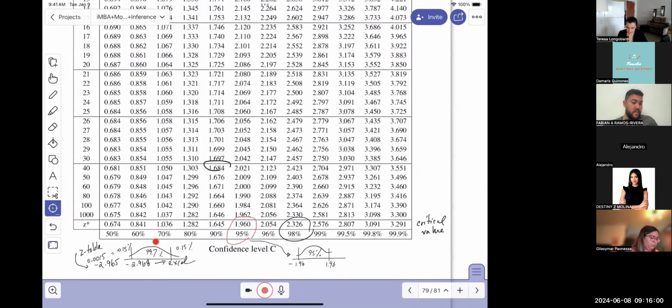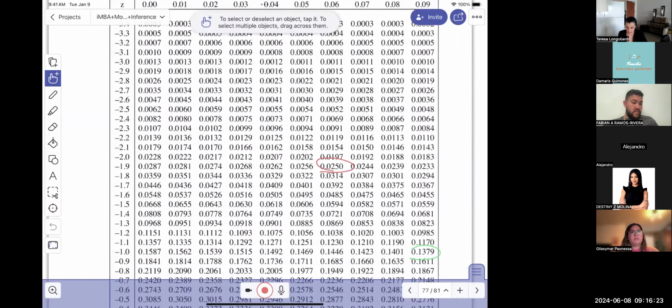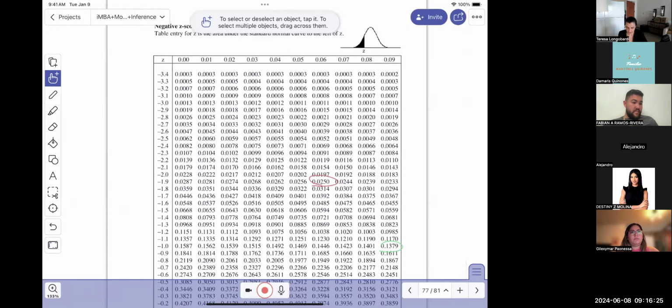If it's not on this table, what do you do? If I ask you for a 93% confidence interval, you need to go back to the Z scores and find it here, right?